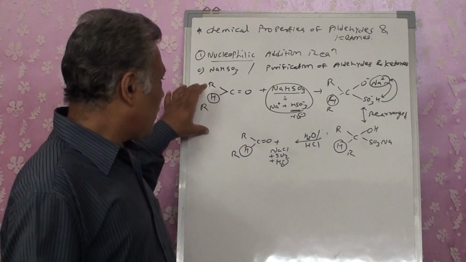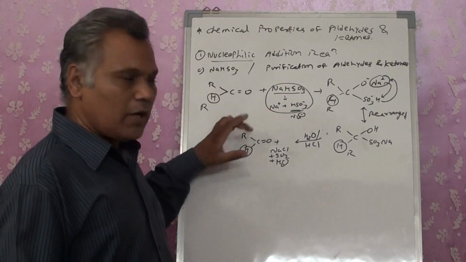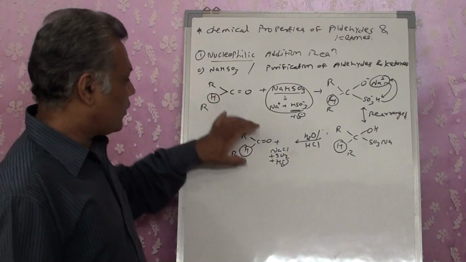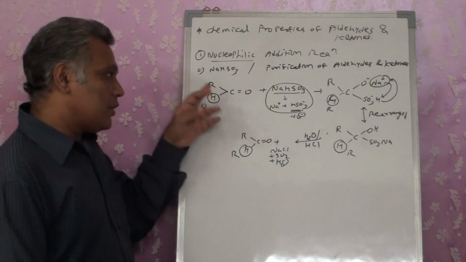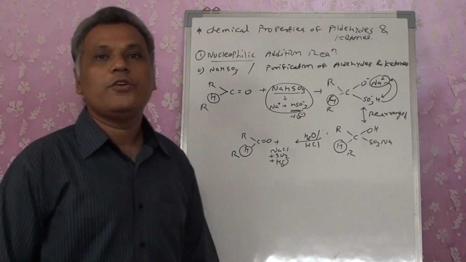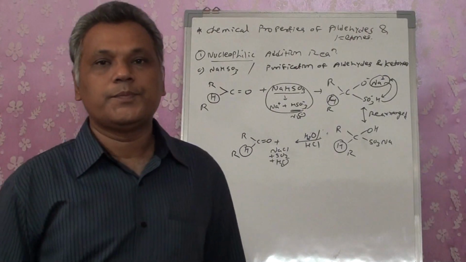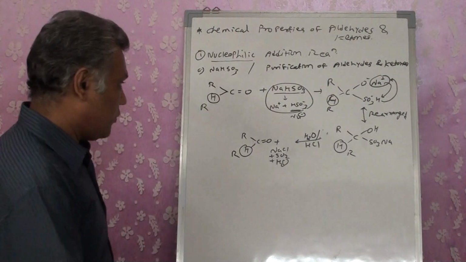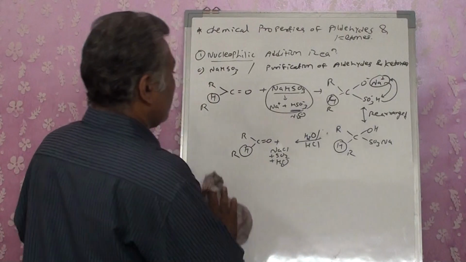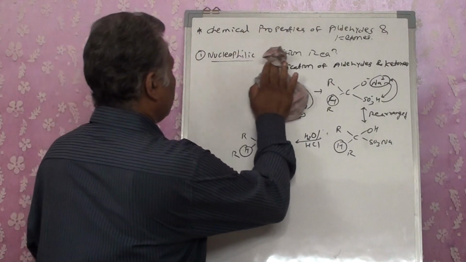And so, starting with aldehyde, we get back the aldehyde. Starting with ketone, we get back the pure ketone. And therefore, this reaction is also considered as nucleophilic addition reaction, purification of aldehydes and ketones. Okay. That was your first reaction.